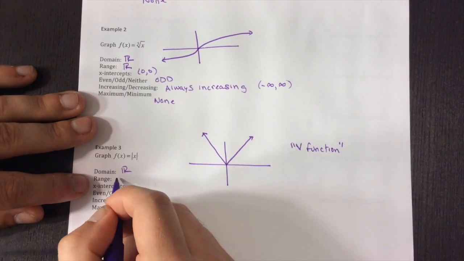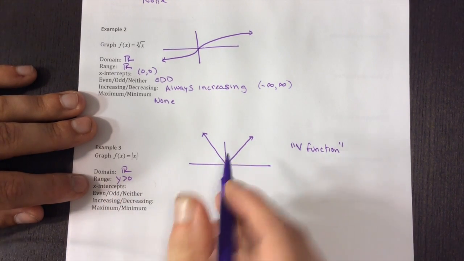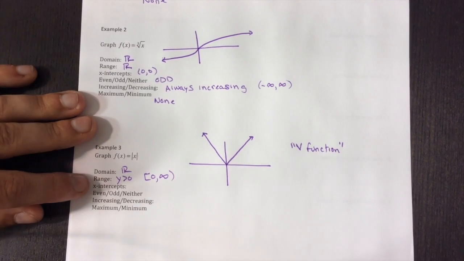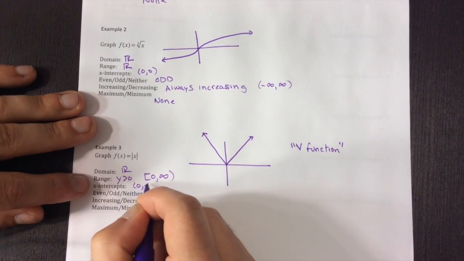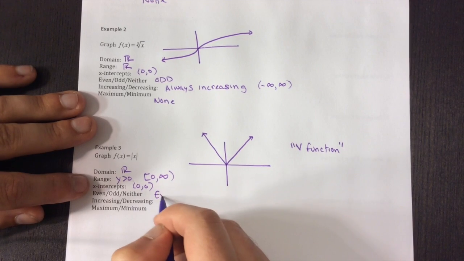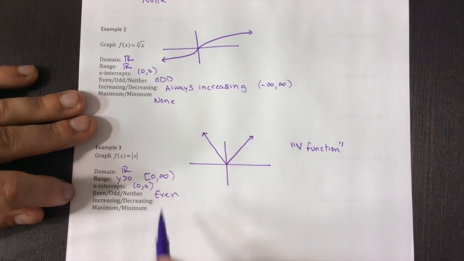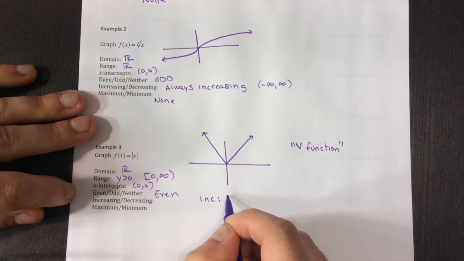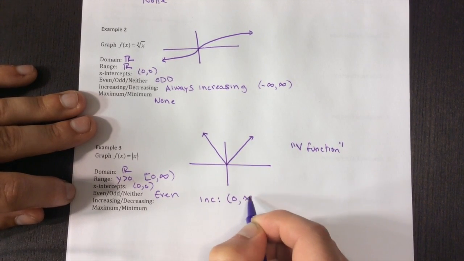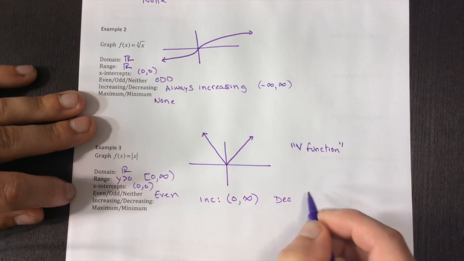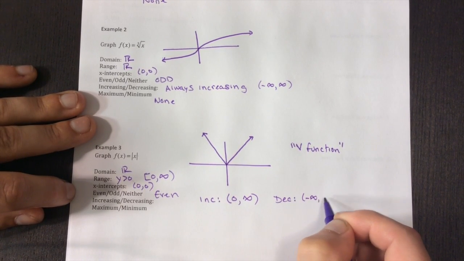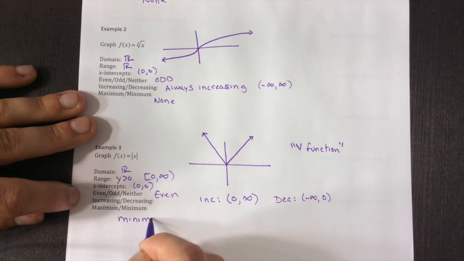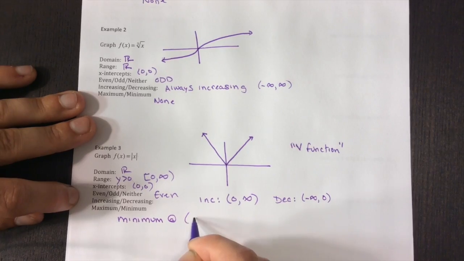The range is only numbers bigger than 0, or 0 to infinity, because we only get positive numbers out. The x-intercepts, again, at 0, 0. This is an even function because it's symmetric about the y-axis. We're going to increase from 0 to infinity, and it's decreasing from negative infinity to 0. Last off, it has a minimum at 0, 0.